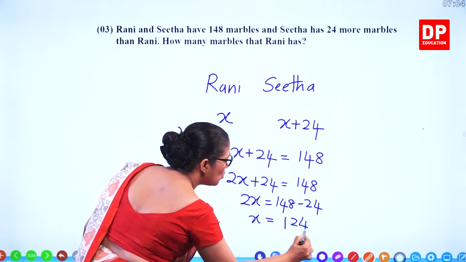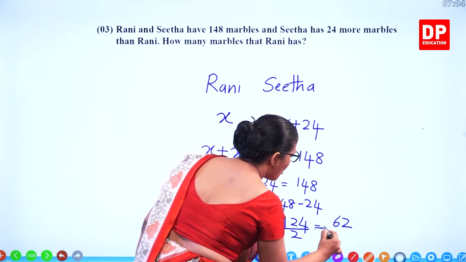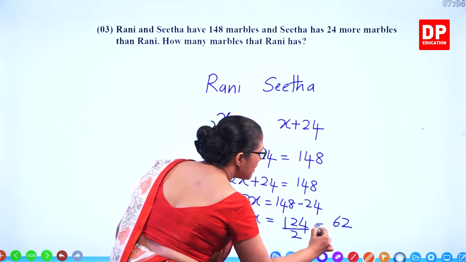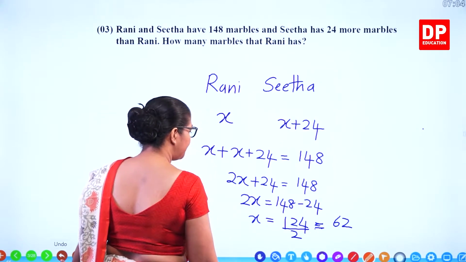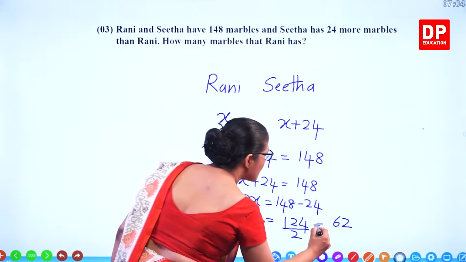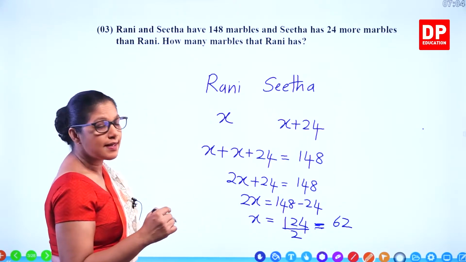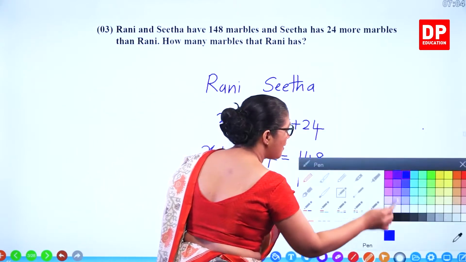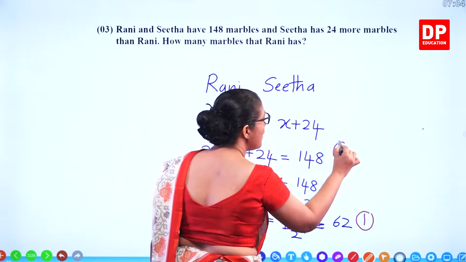Divide by 2. You get 62. So 62 marbles are there with Rani. That's the answer. You get 2 marks there: 1 mark for the answer and 1 mark for the method.